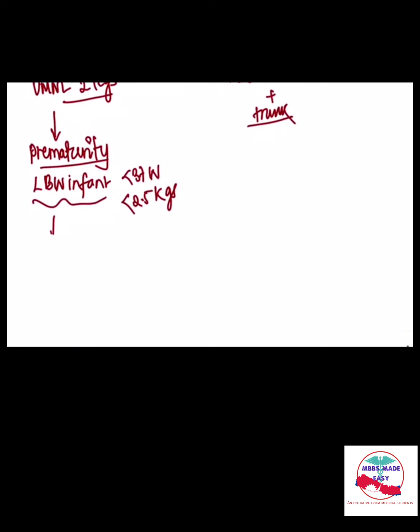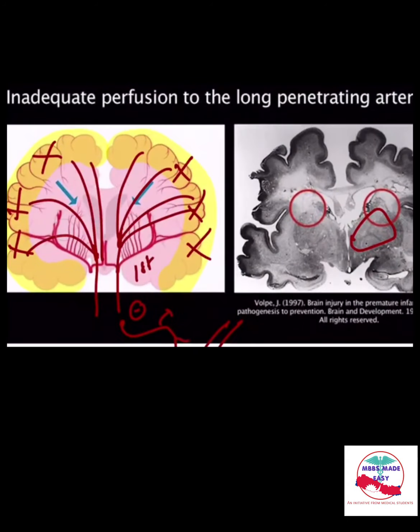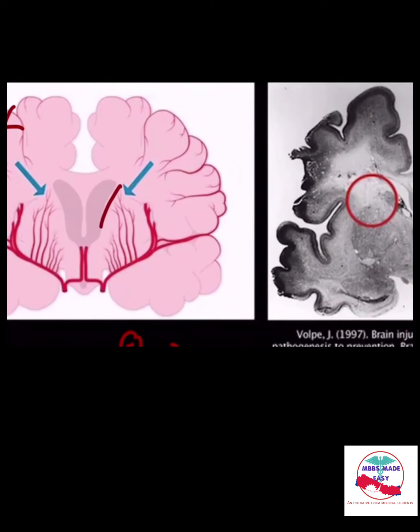These children almost always have periventricular leukomalacia. Periventricular leukomalacia can be explained from this figure. You can see here the blood supply to the part of white matter immediately outside, or immediately adjacent to the ventricle.